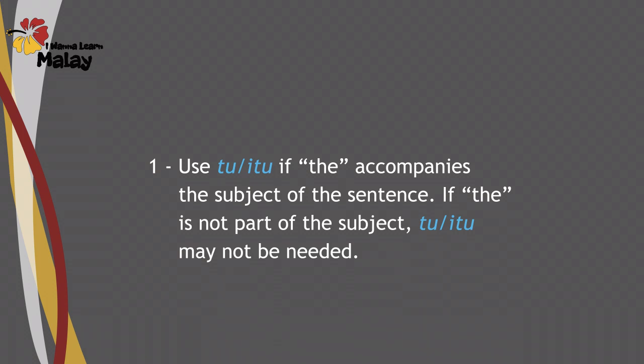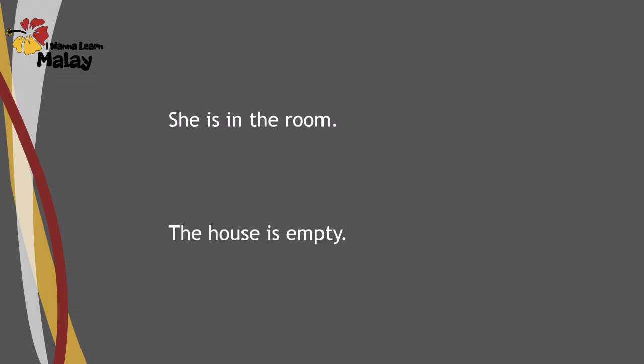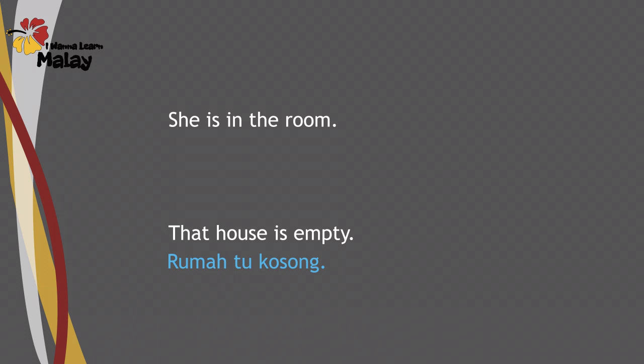So looking at the two examples earlier, she is in the room and the house is empty. The second sentence has the in the subject. The house is empty. We change this to that house is empty, which in Malay is rumah tu kosong.